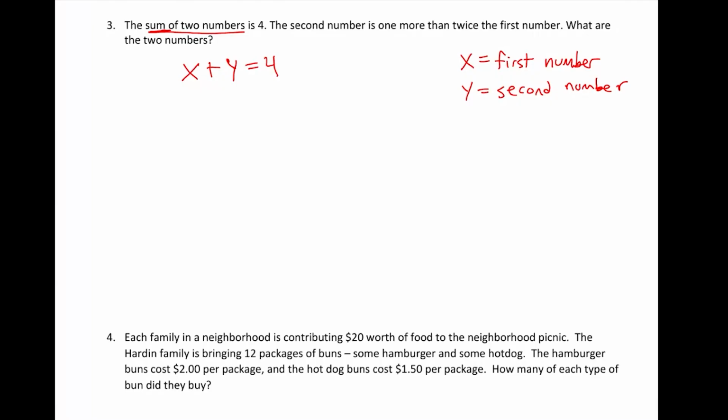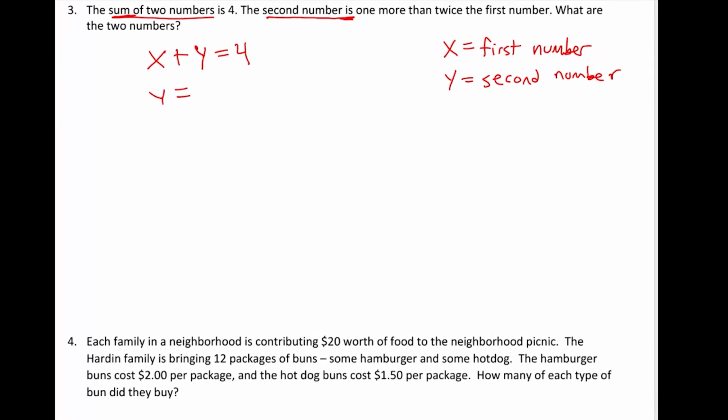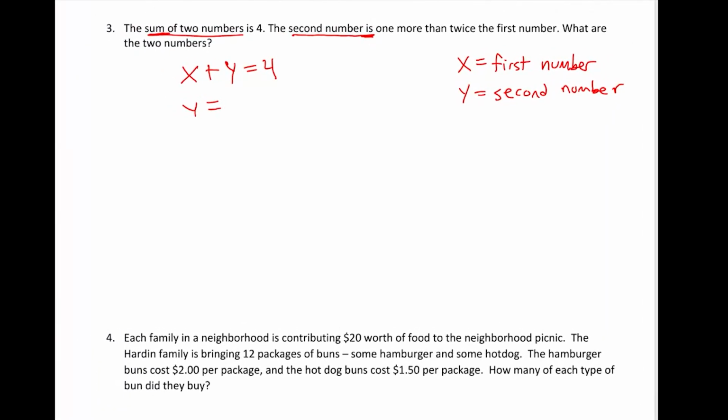It says the second number is 1 more than twice the first number. So the second number being y is, so y equals 1 more than twice the first number. So twice the first number plus 1. Now, these numbers are pretty small, so again, you could probably just figure it out by guessing and checking.